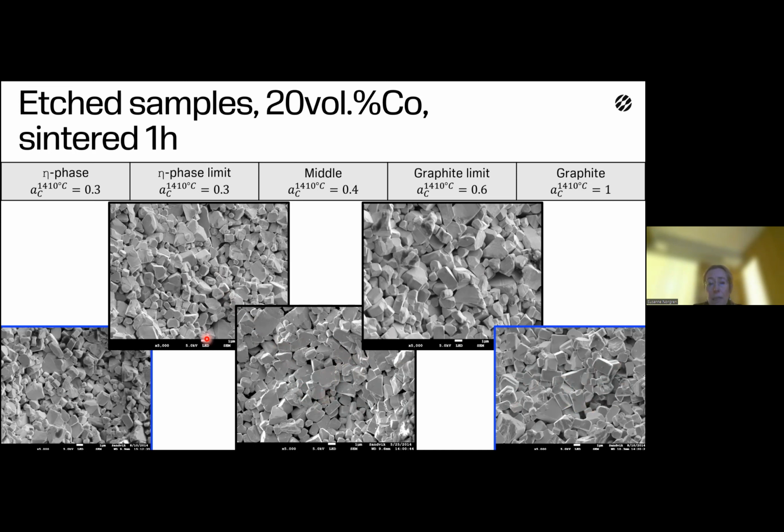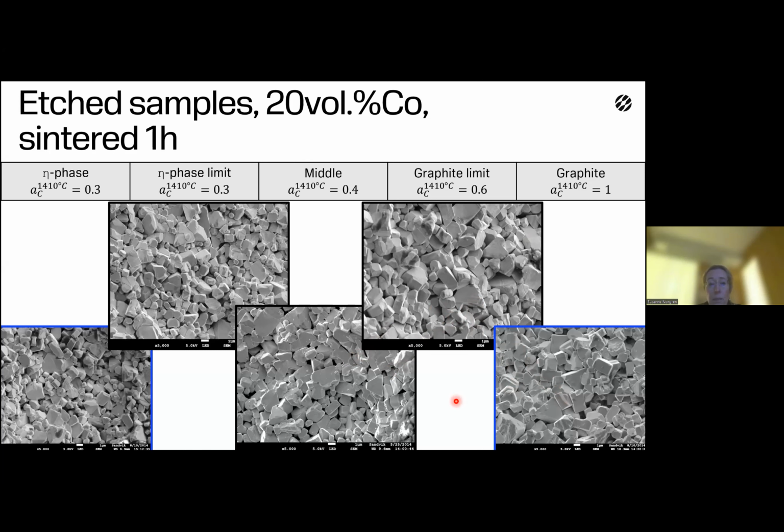So the question then is, of course, if you remember, it's not just the carbon activity that varies in this case. If you remember, we also had a different melting point of the cobalt binder, with the melting point being lower for the graphite sample, which means that the higher the carbon activity, the longer time in liquid, and that can of course also contribute to the grain shape and the grain size.